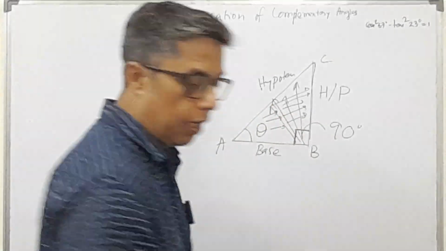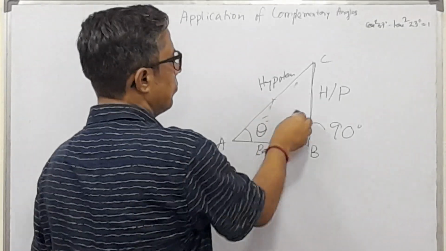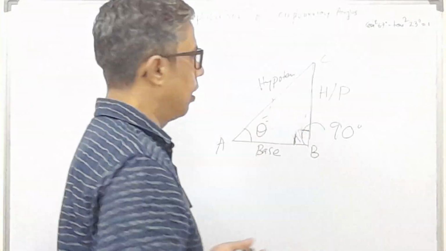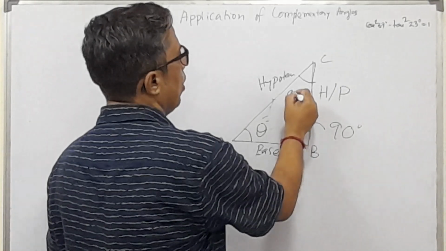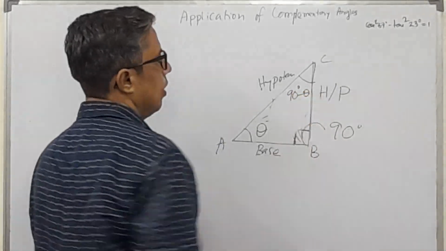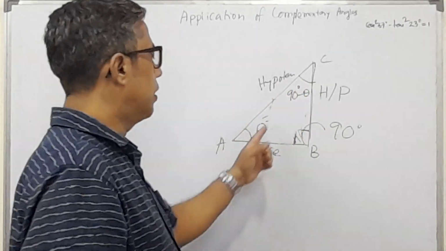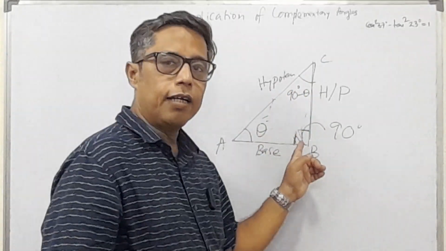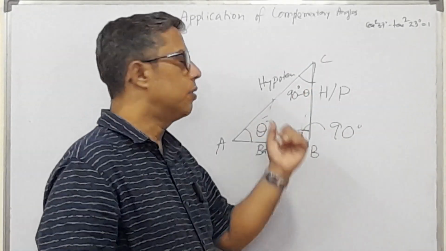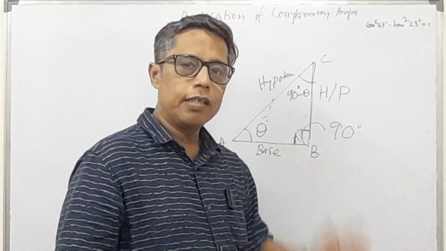Now, what will be the value of this other angle? This will be 90 degree minus theta, because the summation of the three angles of a triangle is 180 degree. If this is 90 degree and this is theta, then this will be 90 minus theta.